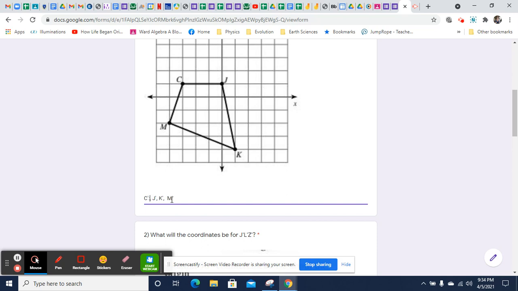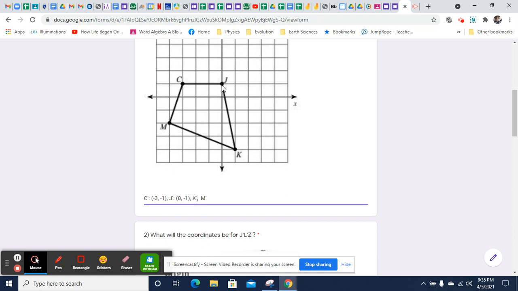C prime is going to have the coordinates, instead of negative 3, 1, of negative 3, negative 1. And then J prime here, which is at 0, 1, is still going to have the same x value, 0, comma, negative 1. So the 1 gets reversed.